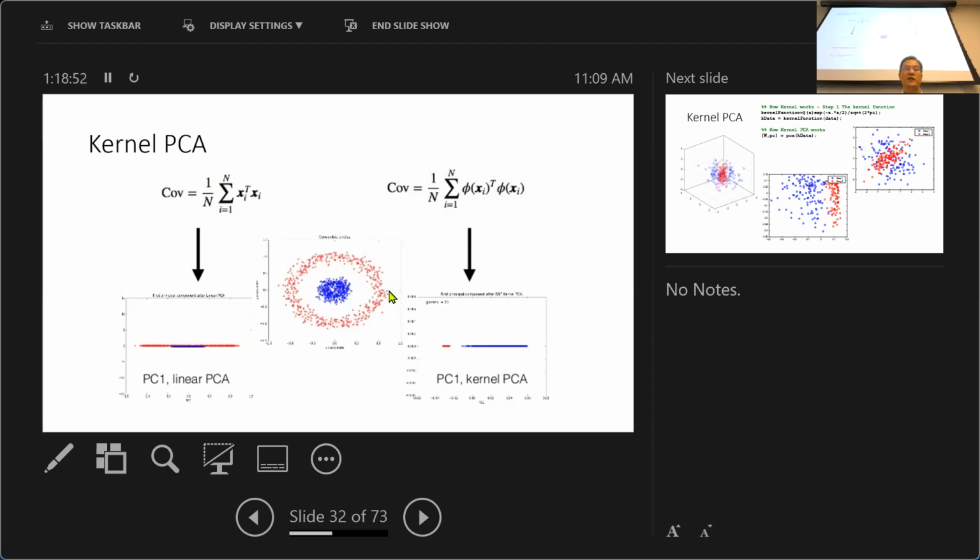The data looks like this. If you don't do any transformation, you compute the covariance matrix and PCA gives you an inseparable projection. You view data from this axis, nothing is separable. But after you apply PCA on transformed data, the blue and red dots are separable.